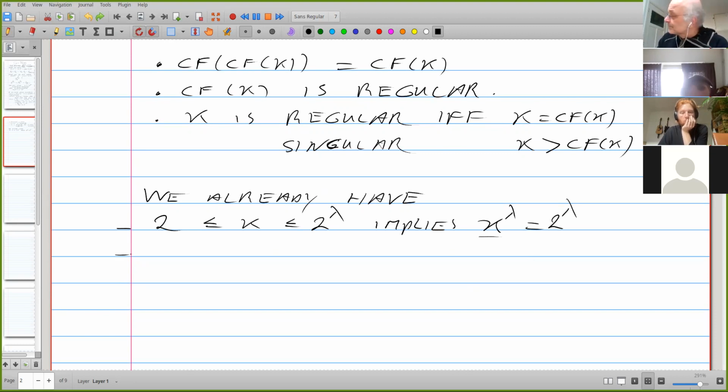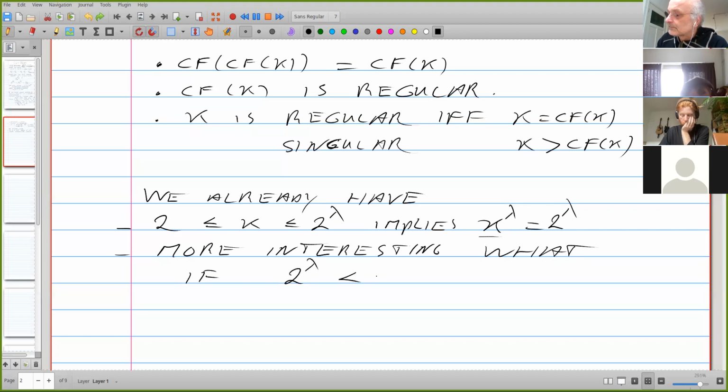So more interesting, what can we say about kappa to the lambda if we know that 2 to the lambda is smaller than kappa? Can we then deduce something? Well, we can deduce a little bit.